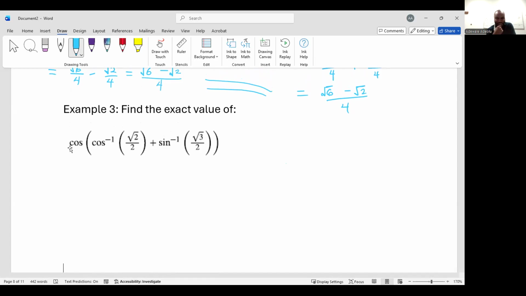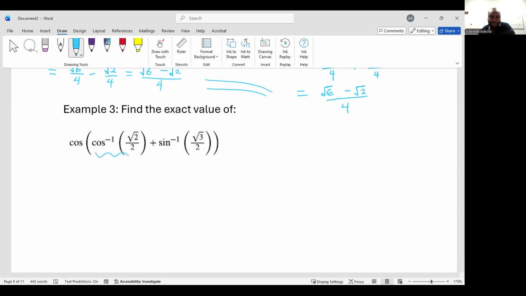Let us see, how can we undo this? Teacher, can I just use the formula directly? You can do that, but you can also be smart to reduce it.